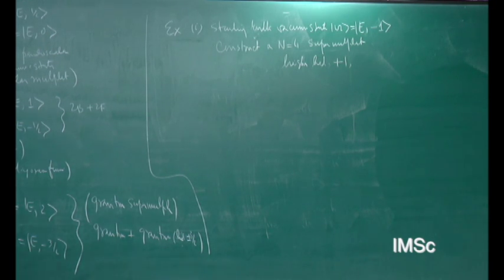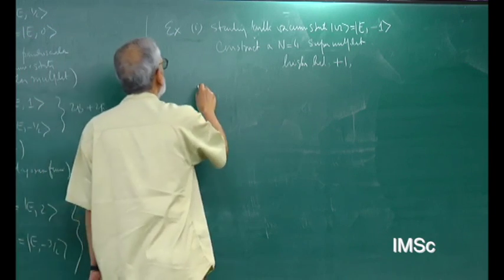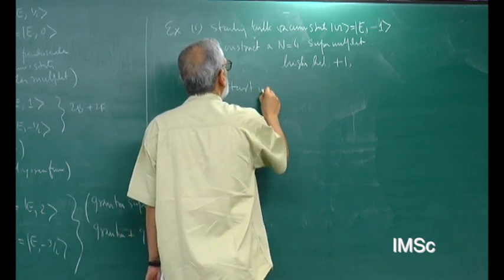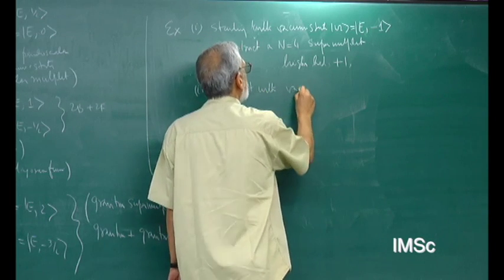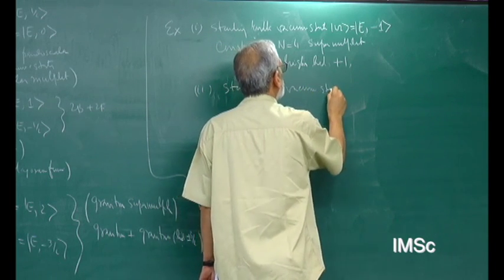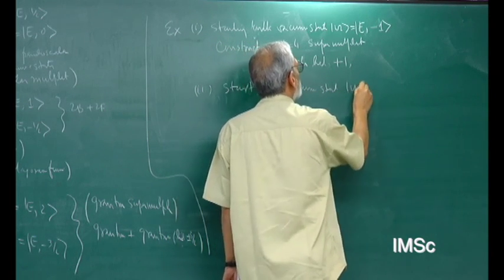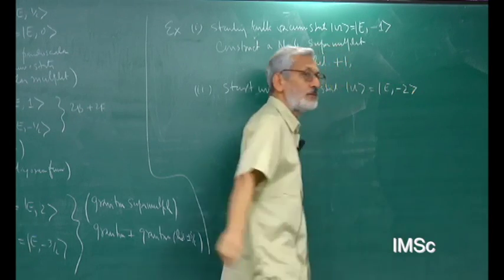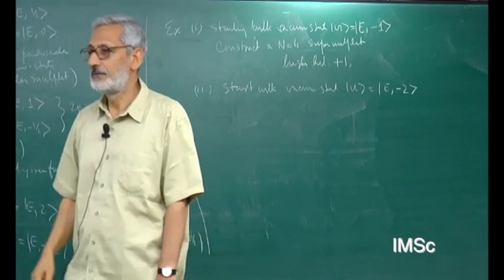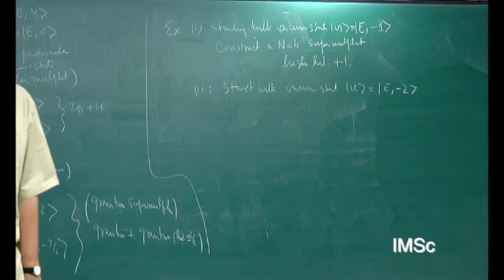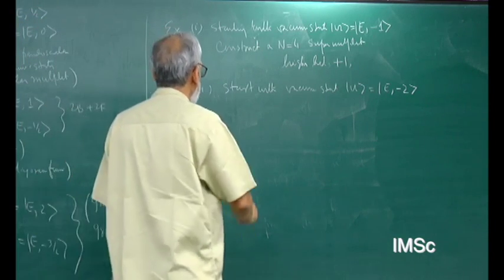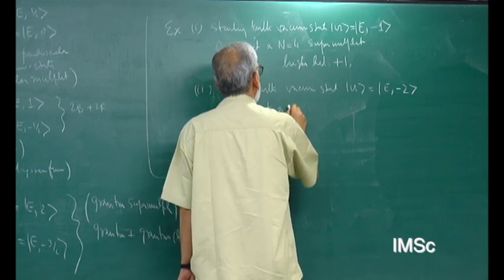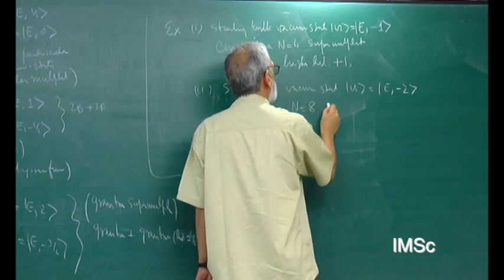Second example. Start with vacuum state with helicity -2. And construct n equal to 8 supermultiplet.